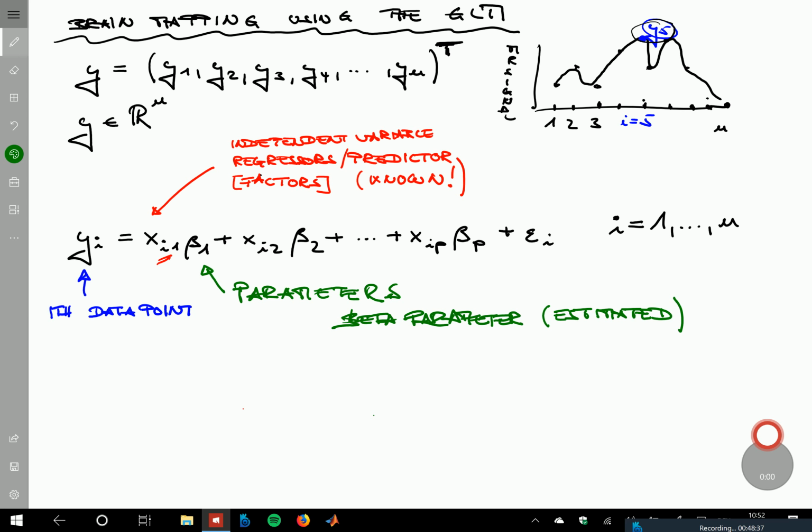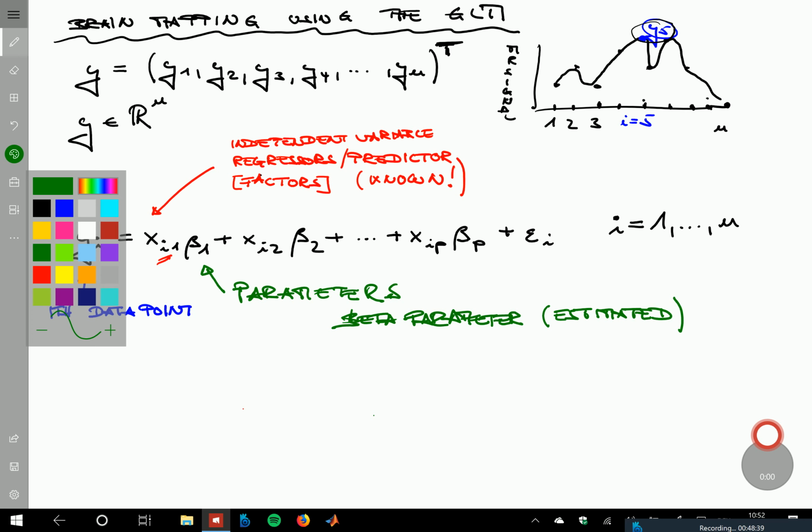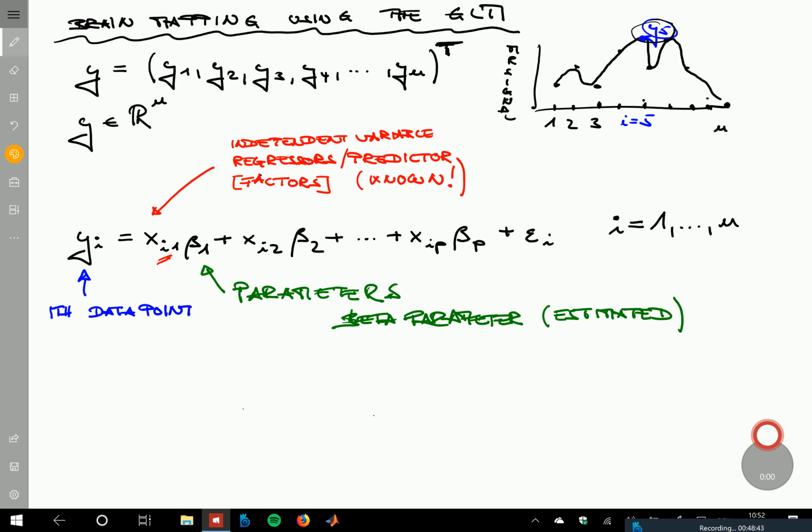And then finally we have something that is of course the most important thing. This is an error term, and for the GLM that we are dealing with, we will assume all the time that this is IID, so independent, identically distributed, and Gaussian.